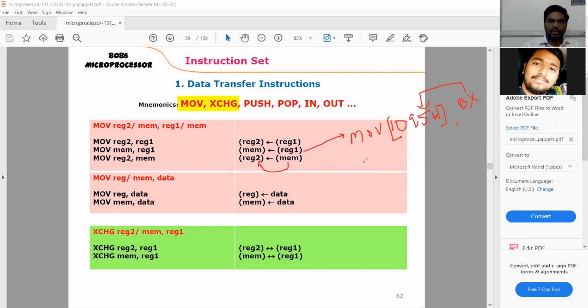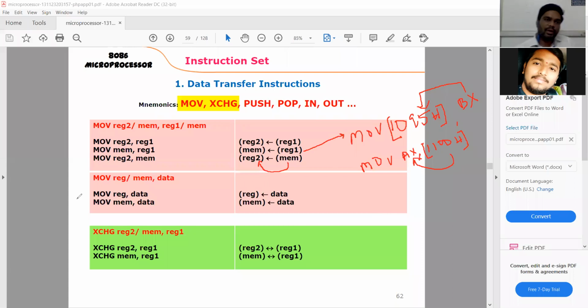Here the example will be like this: MOV AX, [1100H]. As this is a memory location, we have to put this in brackets. That means we are moving the contents of this particular memory location into the AX register. That is the meaning of this particular instruction.